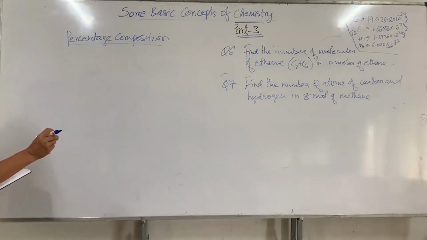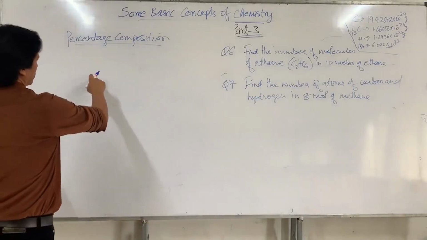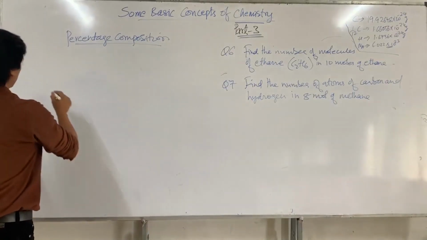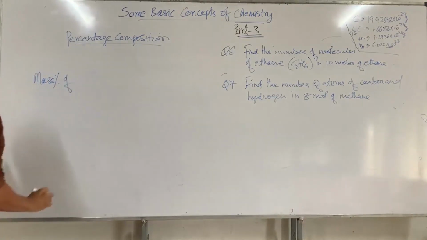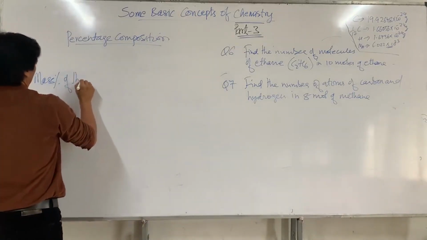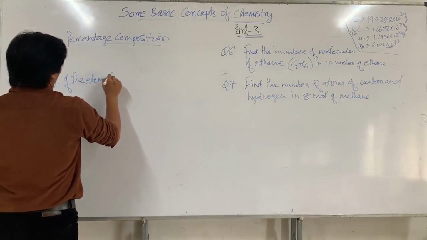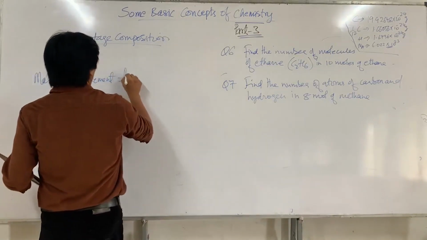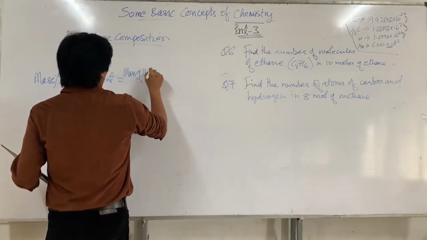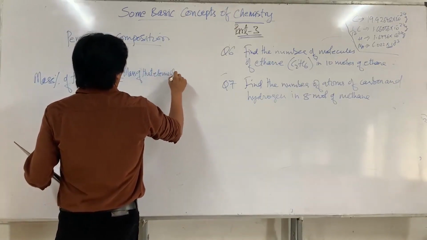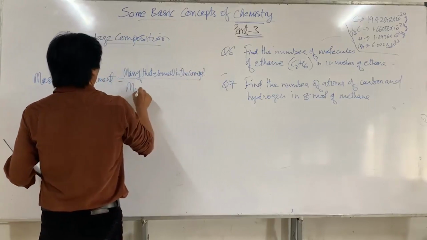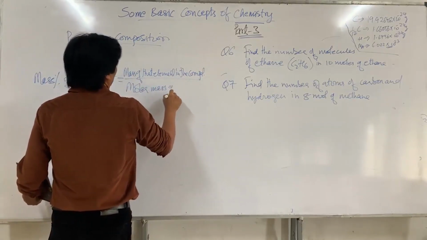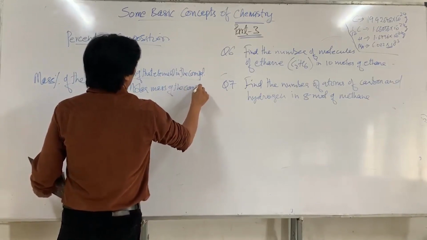The percentage composition of an element in a compound is given by the expression: mass percent of any element is given by the mass of that element in the compound, divided by the molar mass of the compound, into 100.